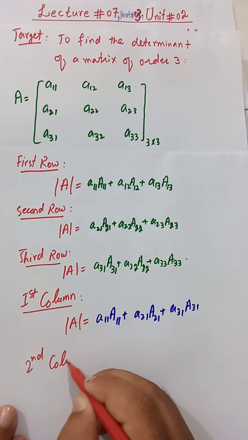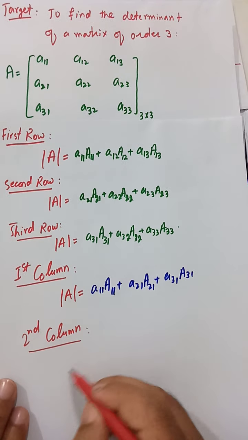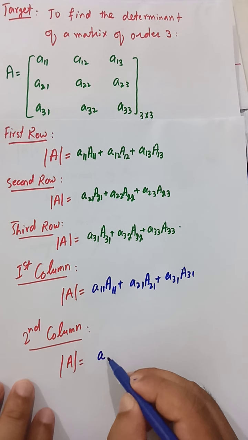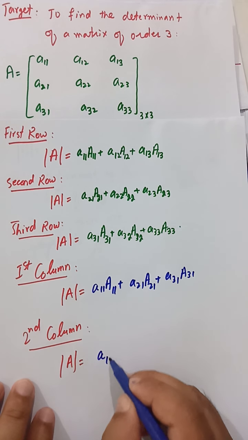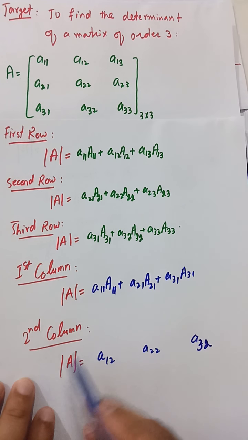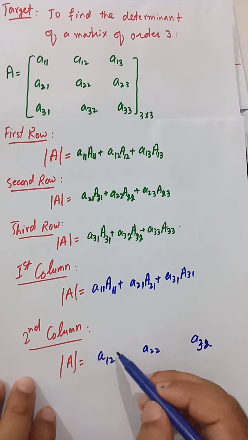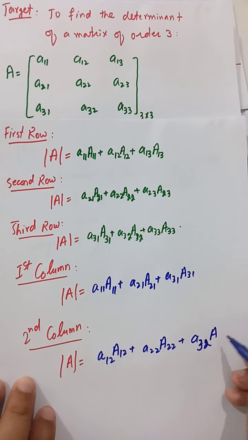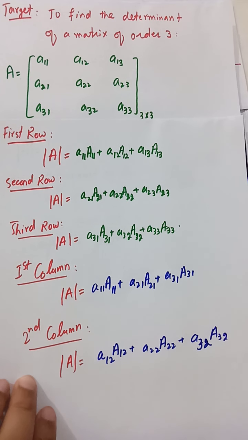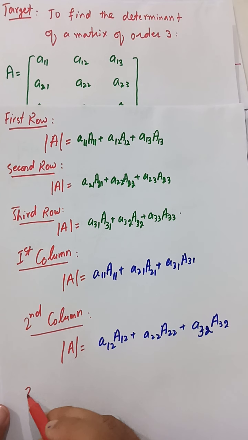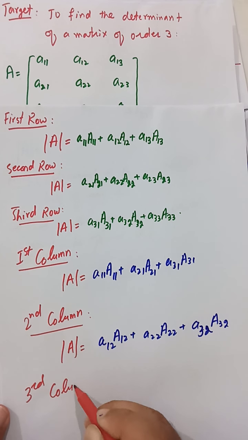For the second column, you write the elements of the second column, that is A12, A22, A32, and multiply their cofactors. You are finding this with the second column. You know cofactors are numbers associated with each element of the matrix.